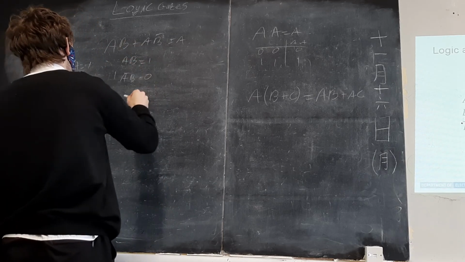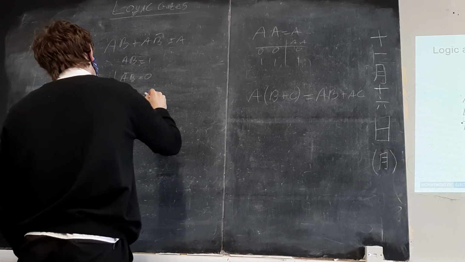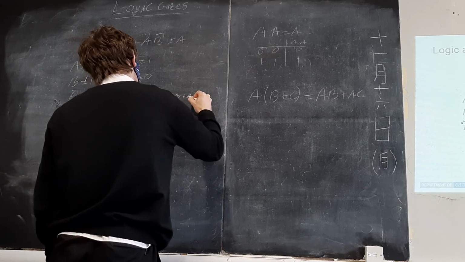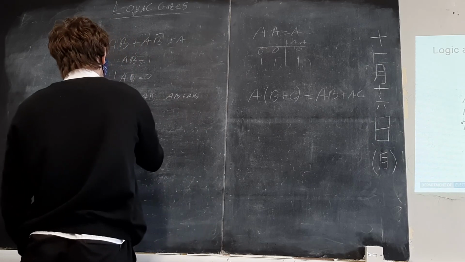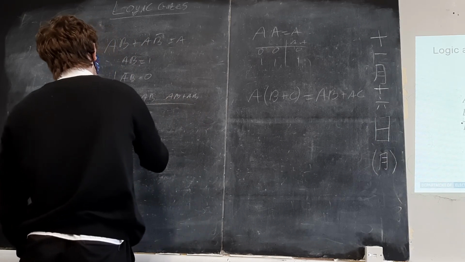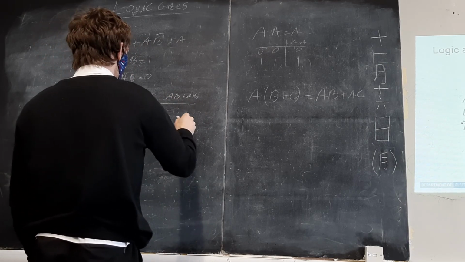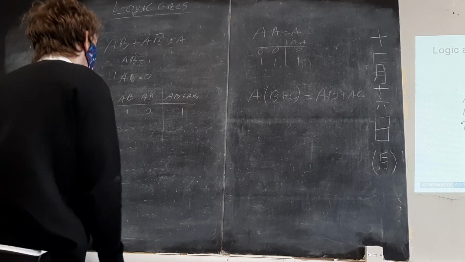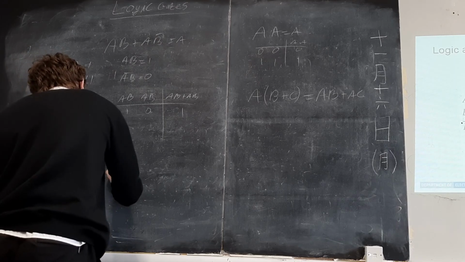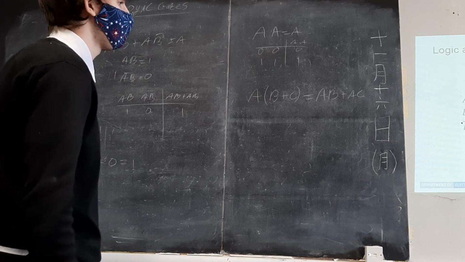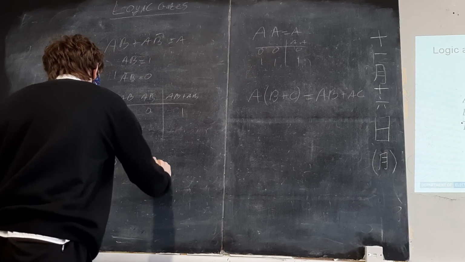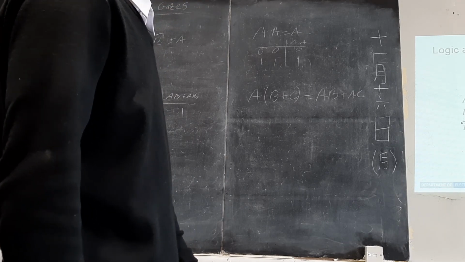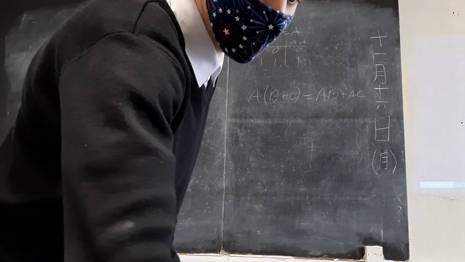Therefore, if we have AB or A not B, then you have 1, 0, it's an OR, so it's equal to 1. So 1 or 0 is 1, which is equal to A. The same will be true if we have 0 for A.